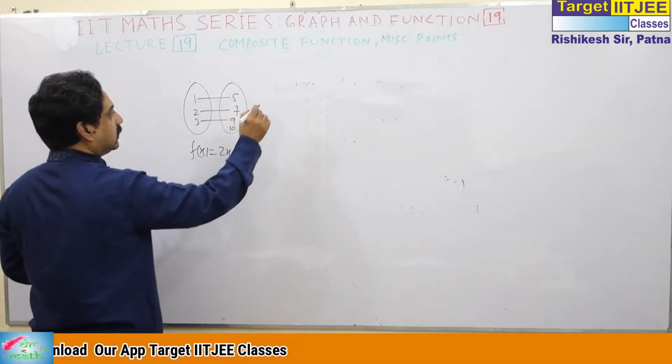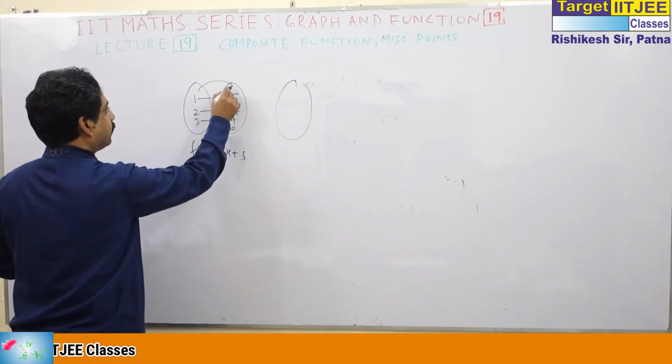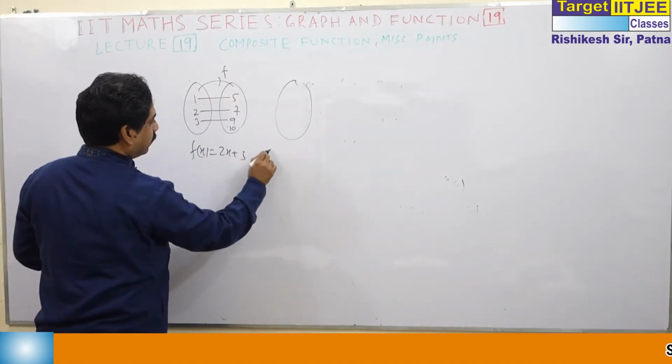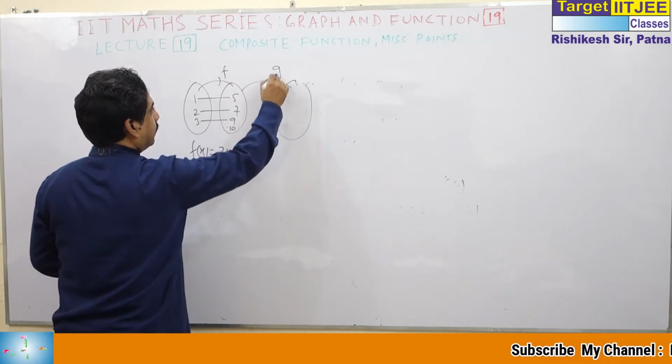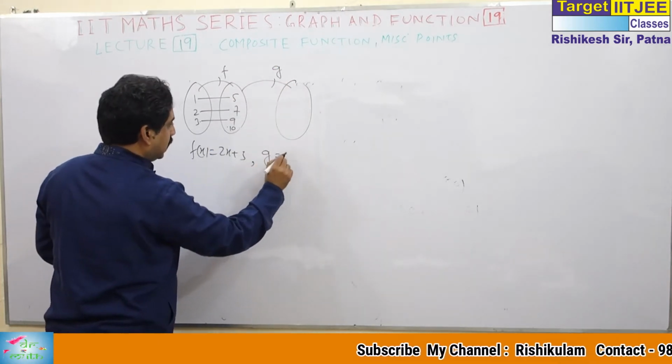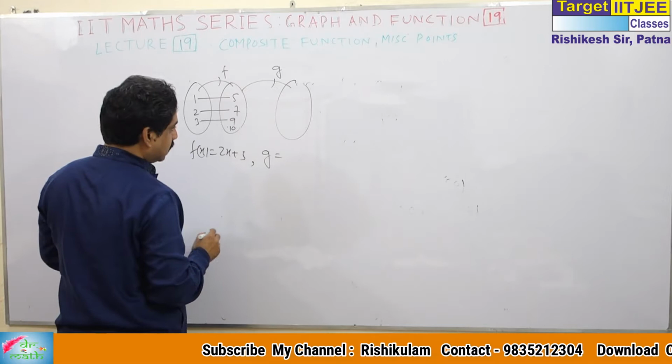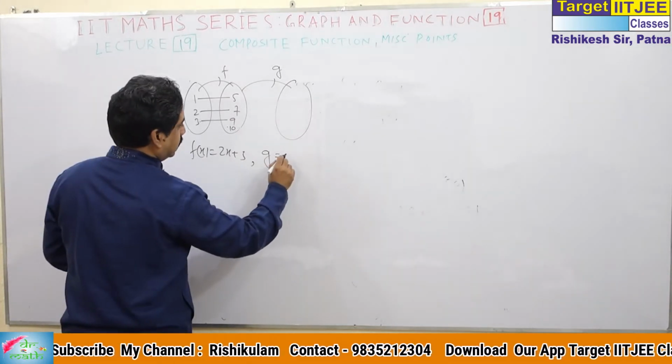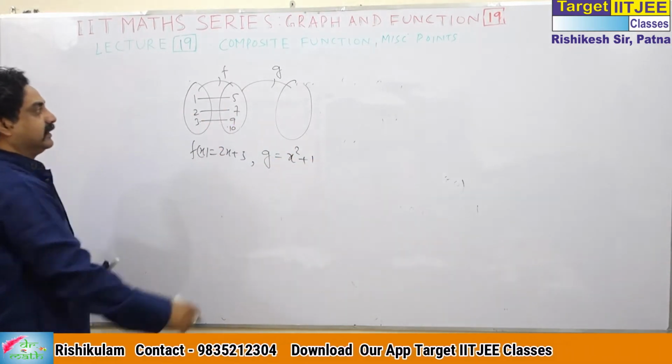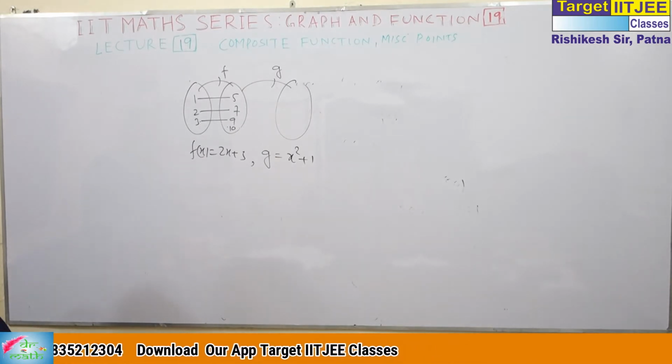And suppose there is a function, this is f. And suppose there is another function, this is g. G is actually, suppose, x square plus 1.